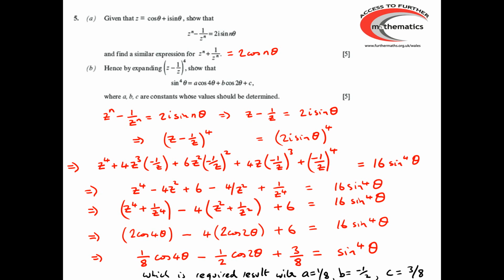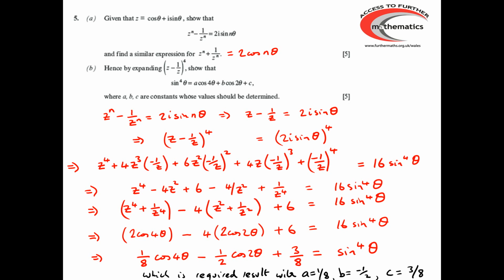Now the marking for this question: first mark again for simply writing down de Moivre's theorem for z to the n. 2 marks then for dealing with z to the minus n, and then 2 more marks for obtaining the given expression for z to the n minus 1 over z to the n, and for obtaining the expression for z to the n plus 1 over z to the n.